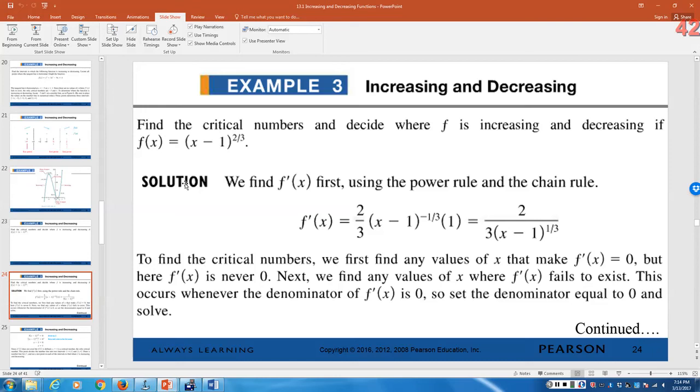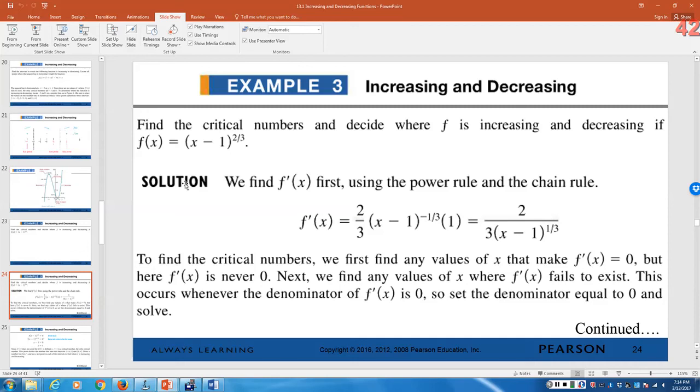So I'm going to make a note of what the derivative is here on the paper. Now, what's the only thing I'm worried about in that fraction?